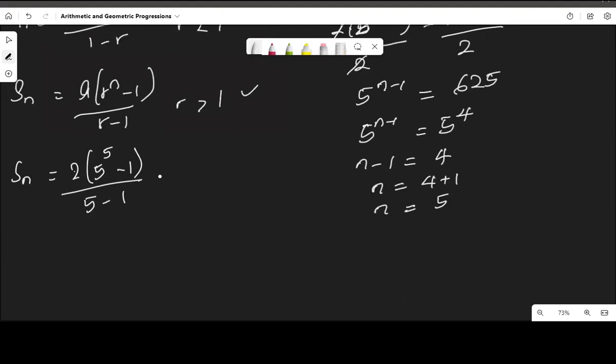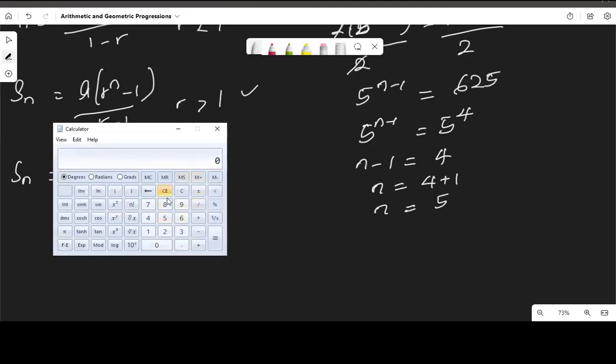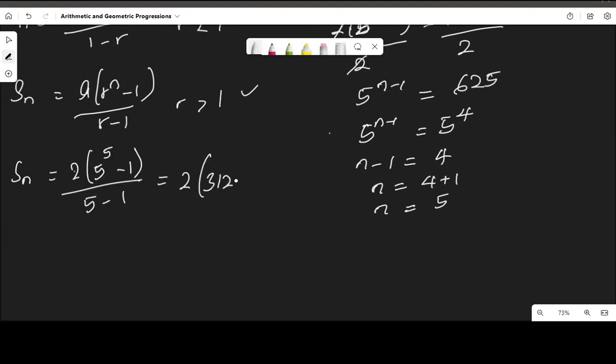So that will be 2 times 5 to the power of 5, which is 3125, minus 1, all over 5 minus 1 which is 4.